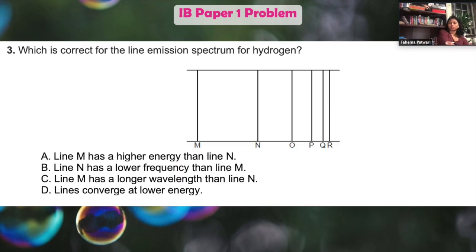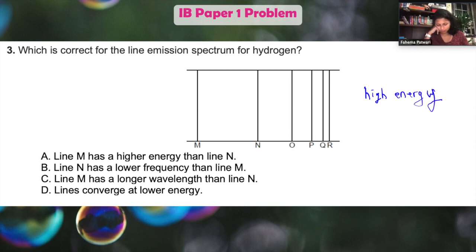Okay, let's try this one. Which of these is correct for the line spectrum of hydrogen? Line M has higher energy than line N. Let's just figure out which way is more energy. Whichever side the convergence is happening, that's where it's more energy. So high energy is on this side.